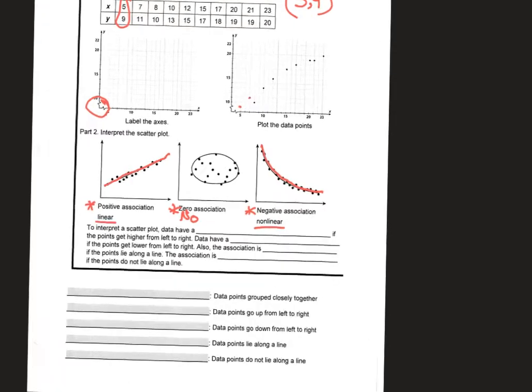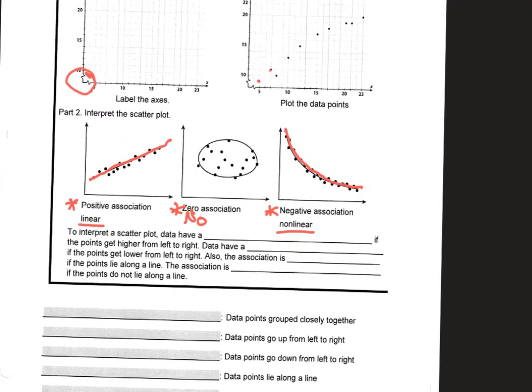So to interpret a scatter plot, data have a blank if the points get higher from left to right. They're getting higher, that would be positive association. Data have a blank if the points go lower from left to right.